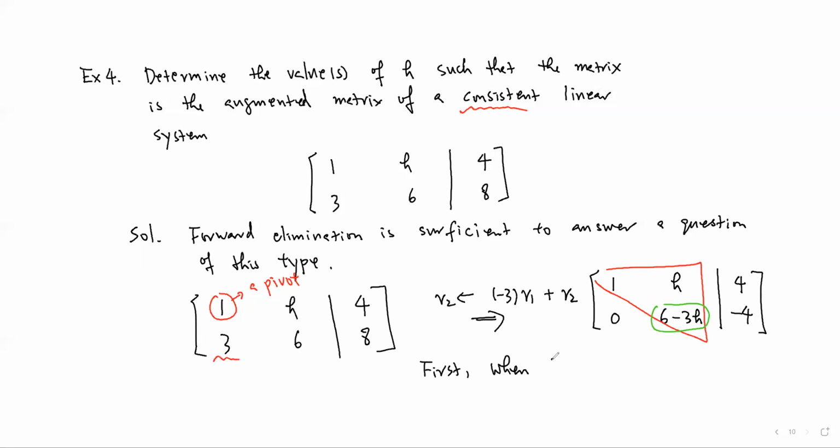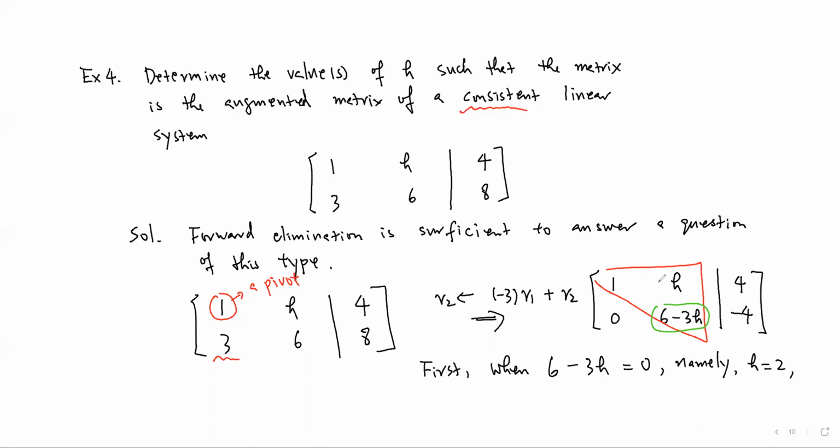When this number 6 minus 3h is equal to 0, namely h is 2, right? h is 2, then 6 minus 3h is 0. When h is 2, the linear system has no solution.